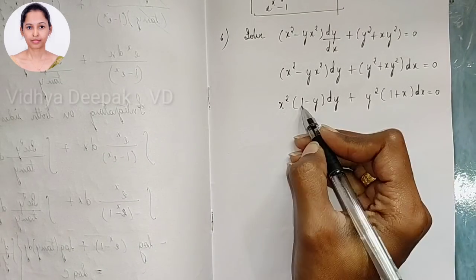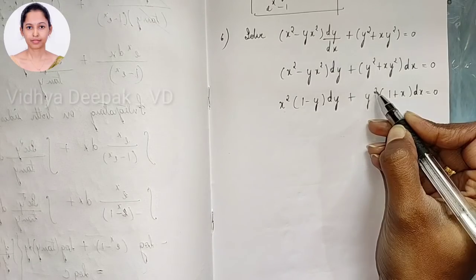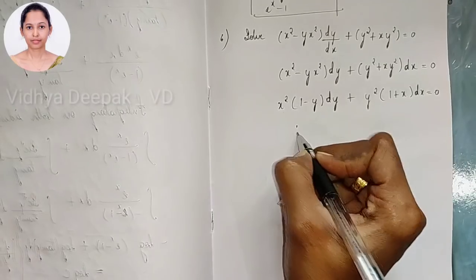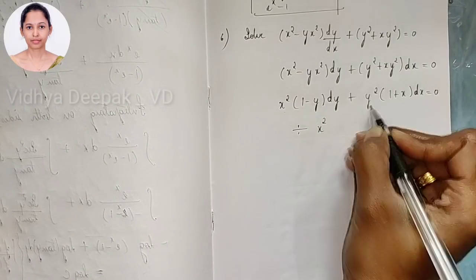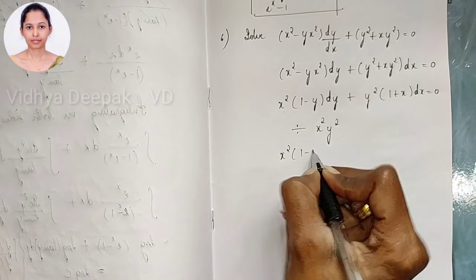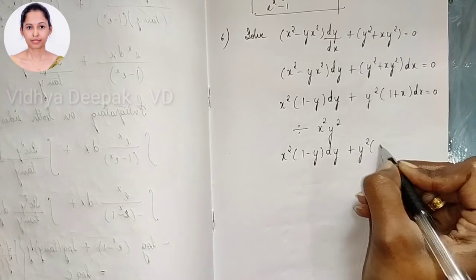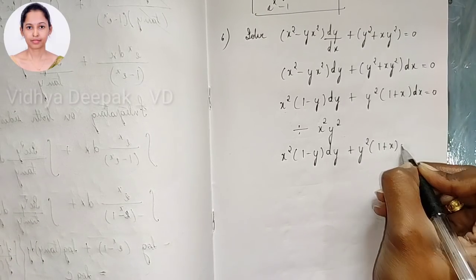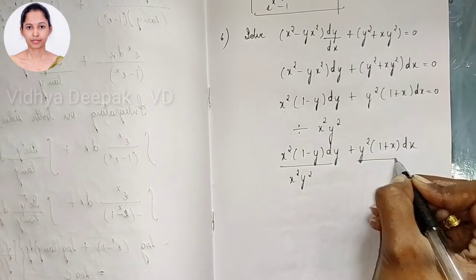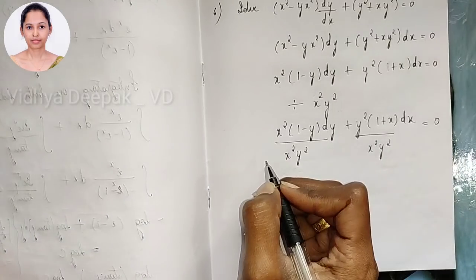In this term we want y term and dy, so this x square is extra. Here in this term we want 1 plus x and dx term, y square is extra. So divide the equation by x square into y square. What do you get? X square into 1 minus y dy plus y square into 1 plus x dx, divided by x square y square, is equal to 0 divided by x square y square, which is 0.